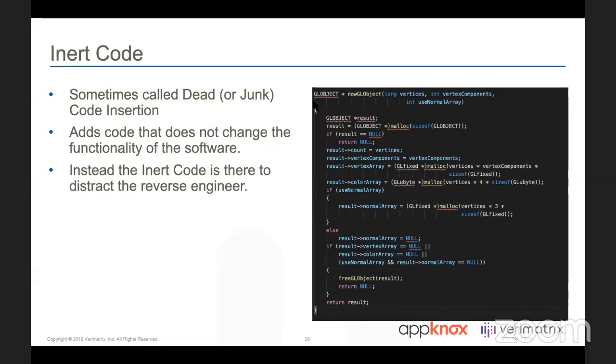Our first example is inert code. This is sometimes called dead code or junk code insertion. This is code that doesn't change the functionality of the software. It doesn't make it behave any differently. It doesn't really change the flow of the software, but it's code that is there to distract the reverse engineer. It's a decoy. It's making things more confusing.